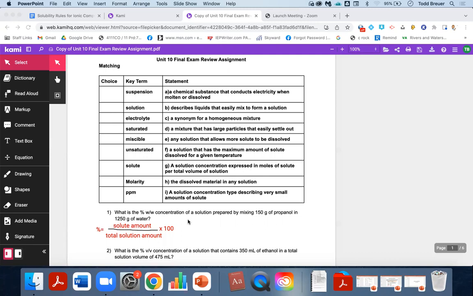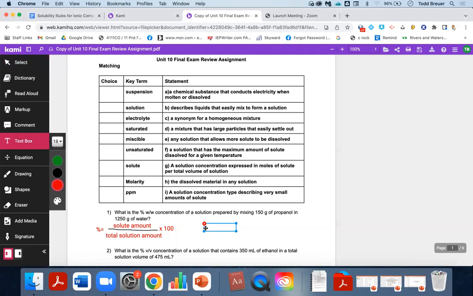So if we look at number 1, we see there's 150 grams of propanol, which is rubbing alcohol, mixed in 1,250 grams of water. So in this particular concept, if we're calculating percentage, they give us a solute amount and a solvent amount.